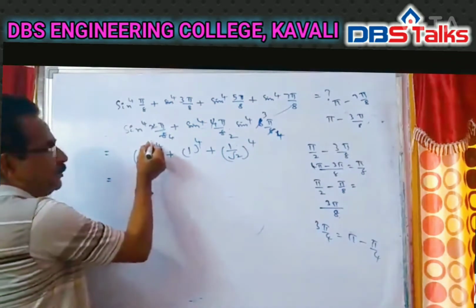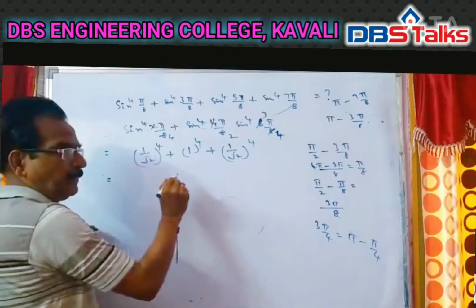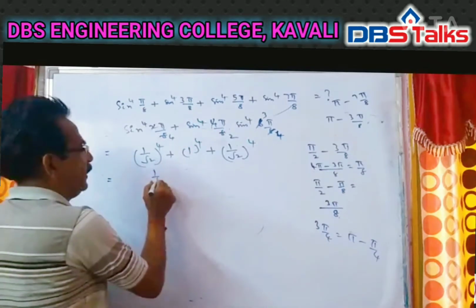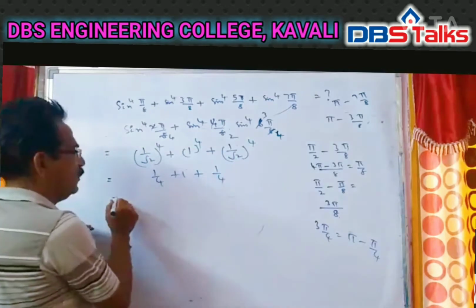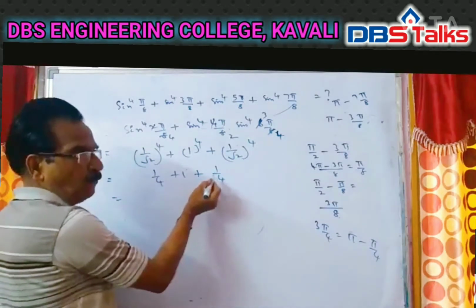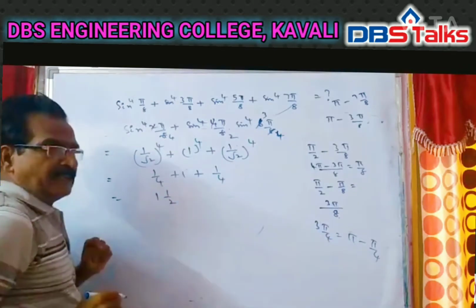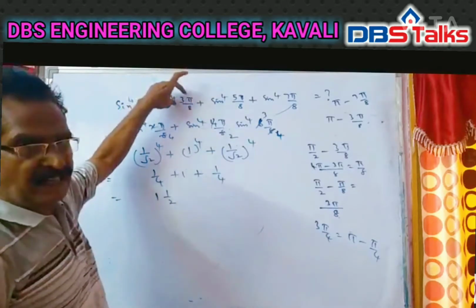1 by root 2 whole power 4 means 1 by root 2 into 1 by root 2 into 1 by root 2 into 1 by root 2, which is 1 by 4. So 1 by 4 plus 1 plus 1 by 4 is 1 by 2 plus 1, that is 3 by 2. So the value of this expression is 1 and half.